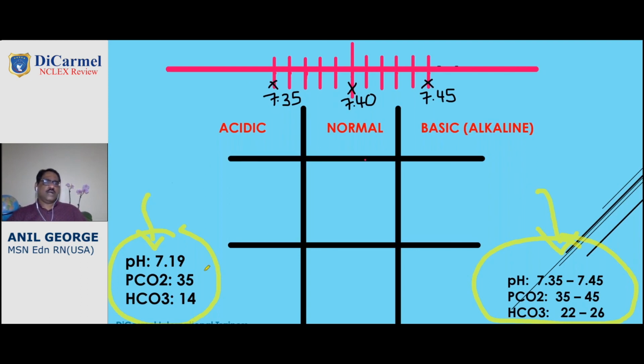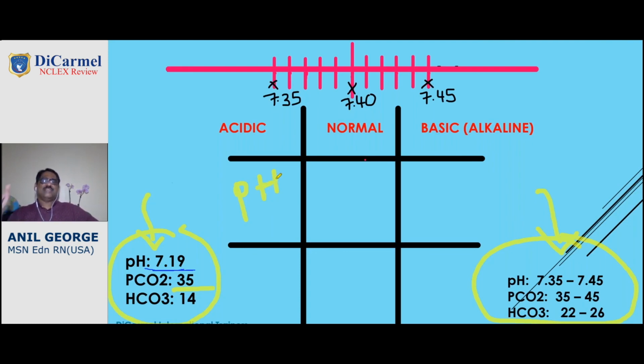So the first value, pH 7.19. I already mentioned the value is acidic, isn't it? So we're going to put that pH value right here. Now, pCO2 35, is that acidic or alkaline? It is not either.